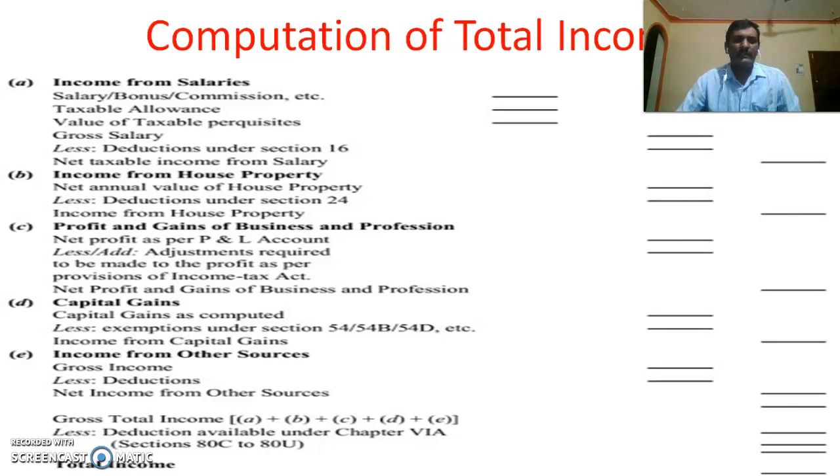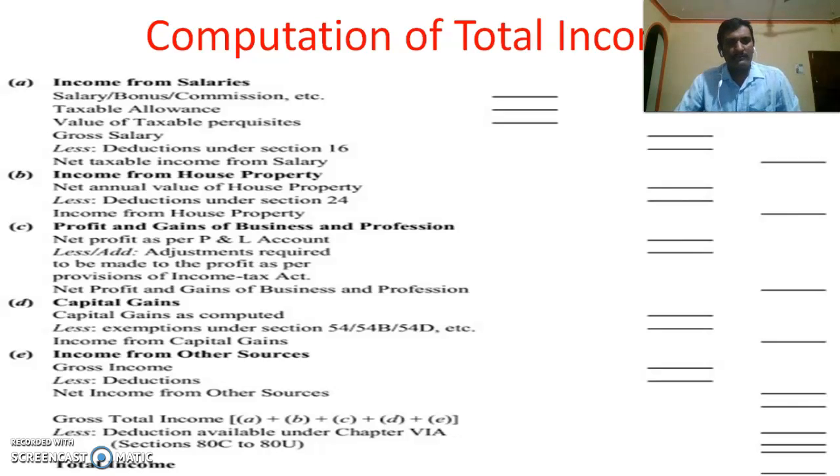As per accounting practices we have made some adjustments, but as per income tax practices, we have to make some adjustments to that profit and loss. After that, whatever balance we get is called net profit and gains of business and profession.